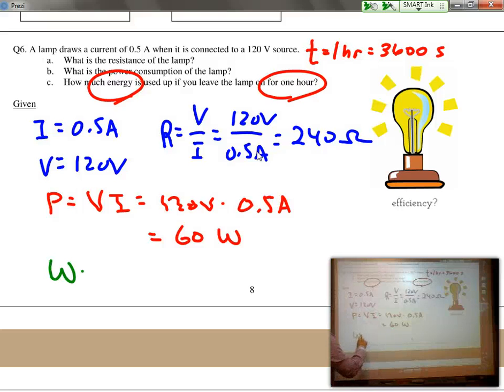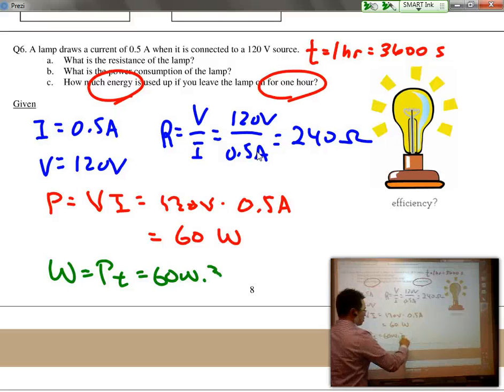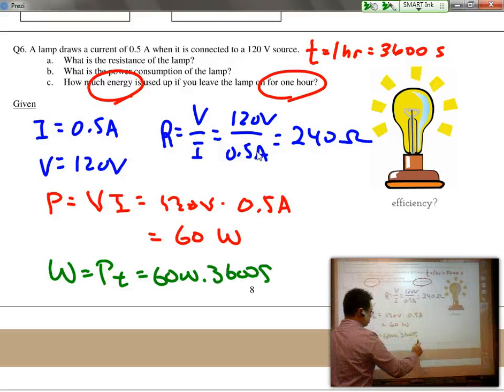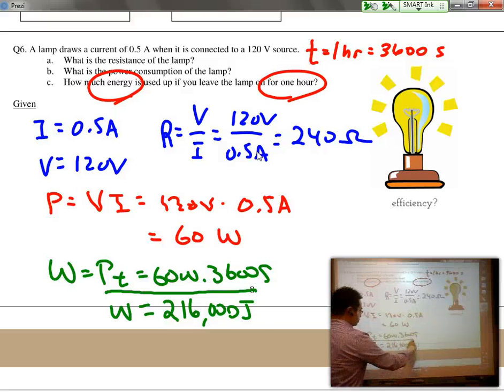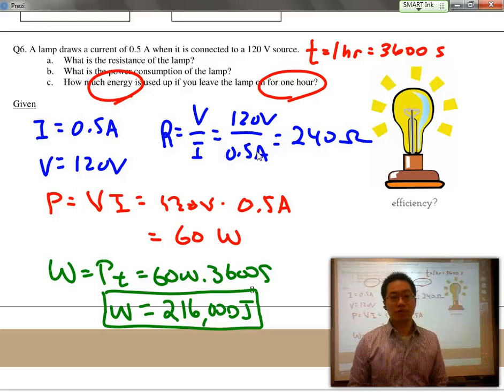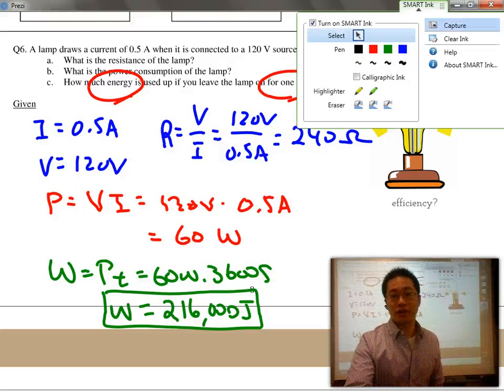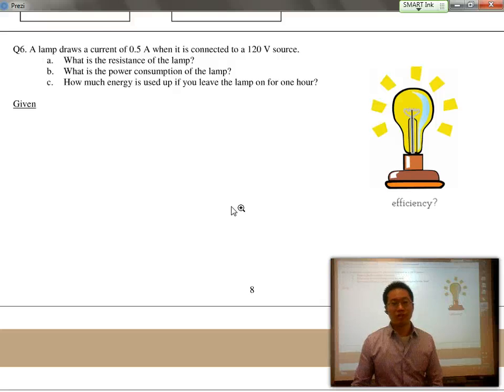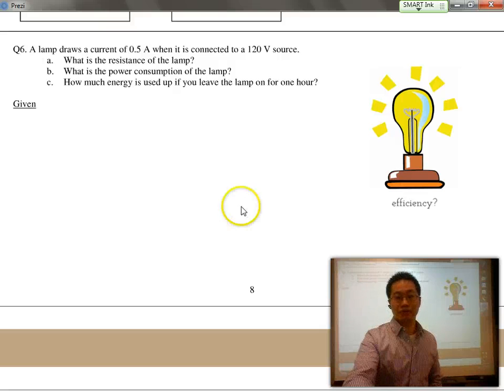Work is simply equal to power times time, so equals 60 watts times 3,600 seconds, which is equal to 216,000 joules. Okay, so in terms of energy, we can see that it uses up 216,000 joules of energy per hour.